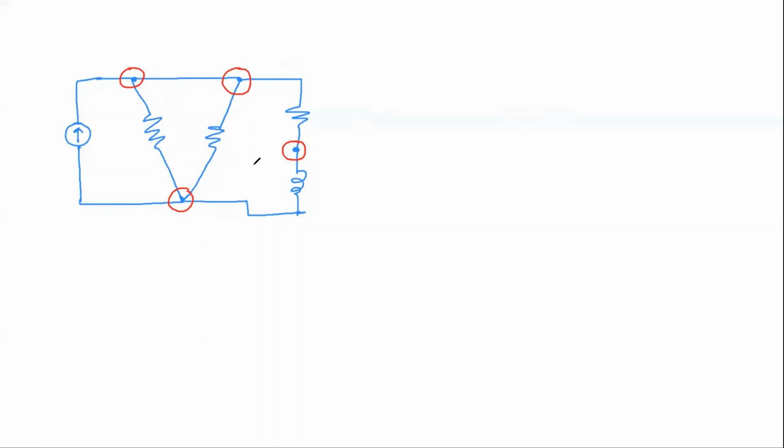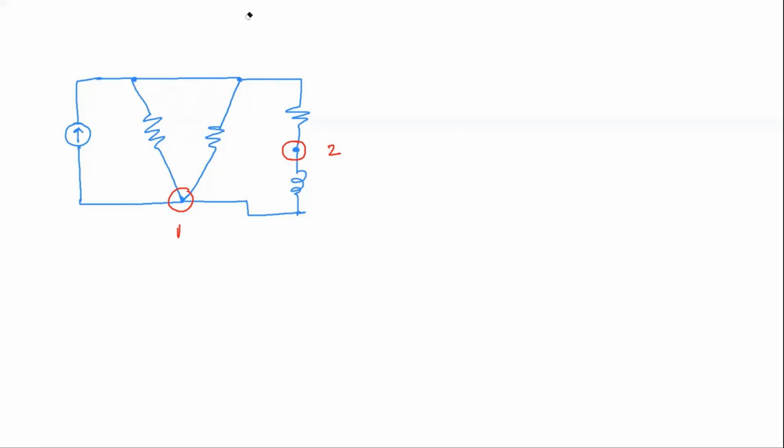So first, clearly it is saying this is the first node. This is the second node. This is the third node. And this is also the third node, because there is no element in between these 2 nodes. Of course, it is called a node, but there is no element. So what we will do is we will combine the 2 nodes.